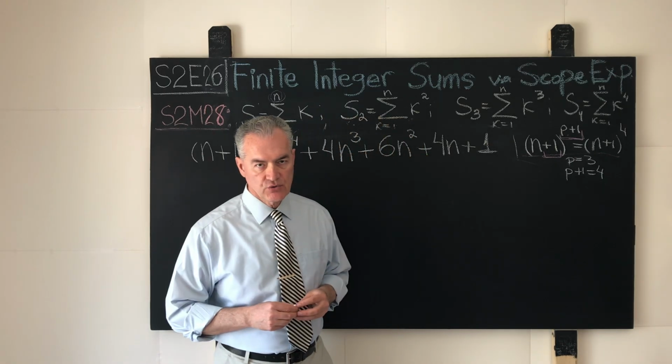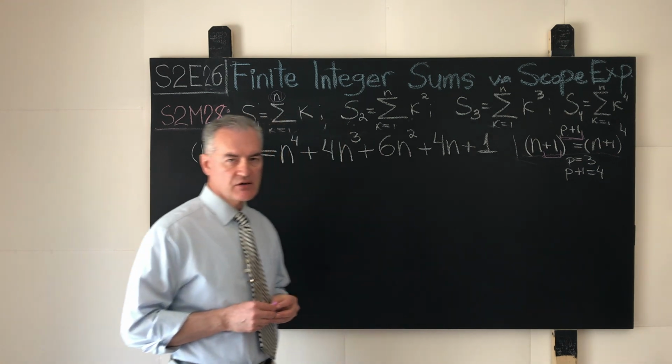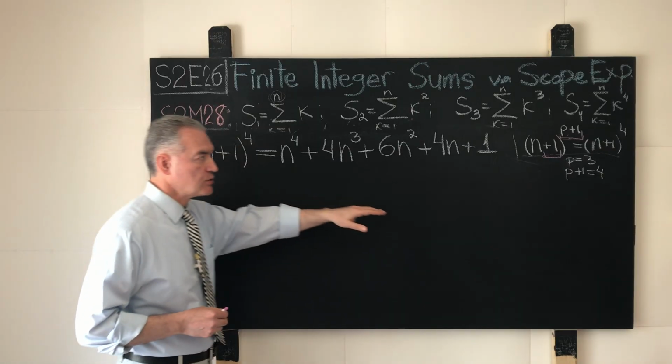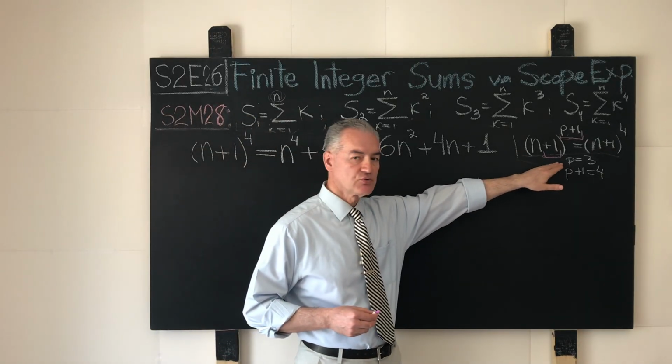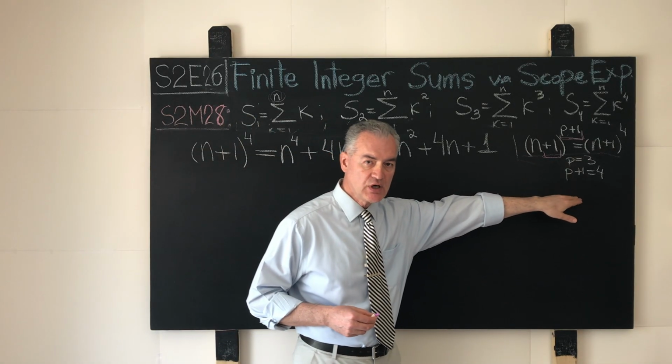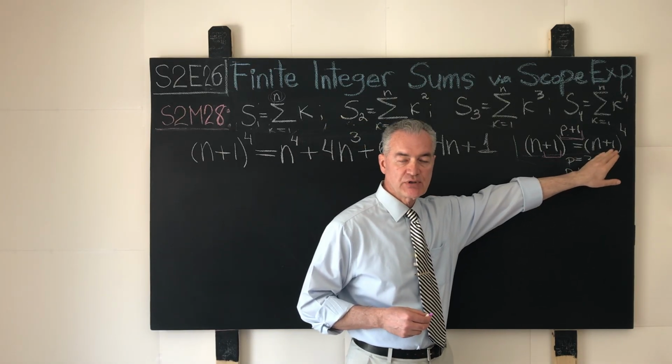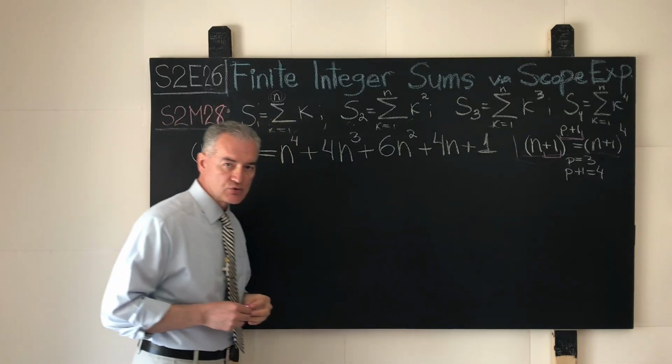And here, using step number 1 of that algorithm, we take the expression n plus 1, raise it to the power p plus 1, since p is equal to 3 in this case, p plus 1 is 4. Consequently, the expression to be binomially expanded is n plus 1 raised to the power of 4.